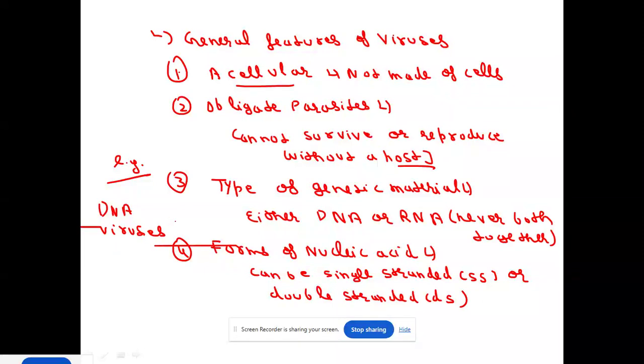Example: the herpes virus. Genetic material is DNA, and again that is double stranded DNA, not single stranded. Next one is the RNA viruses.